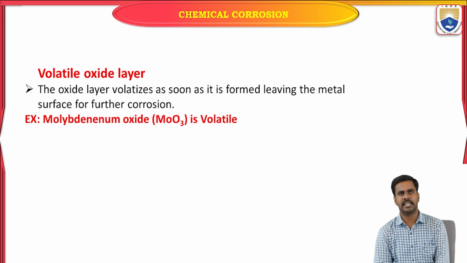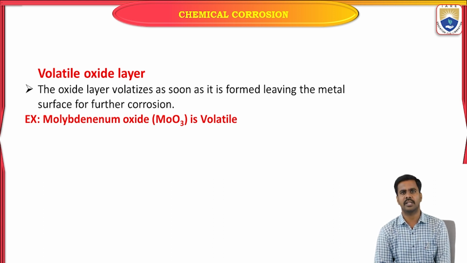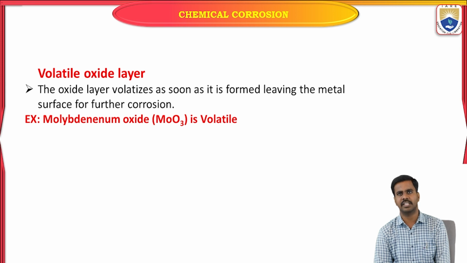Next, volatile oxide layer. The oxide layer volatilizes as soon as it is formed on the surface of the metal. Molybdenum oxide is volatile in nature. When molybdenum reacts with oxygen, it forms a very volatile oxide layer.